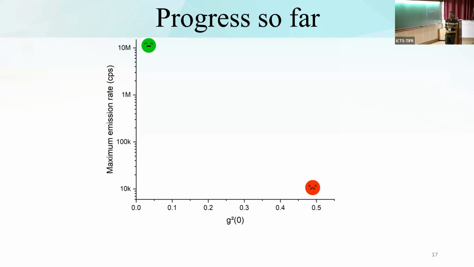Otherwise you cannot encode the information at a fast rate. Also there is a parameter, which is the single photon purity. We measure it through second order correlation, and it should ideally be 0. So basically this is a good corner. This is a bad corner, right? We'd like to have our devices working in this corner.